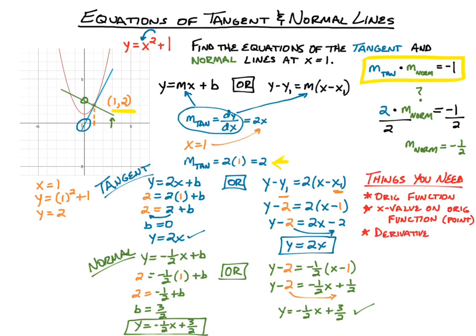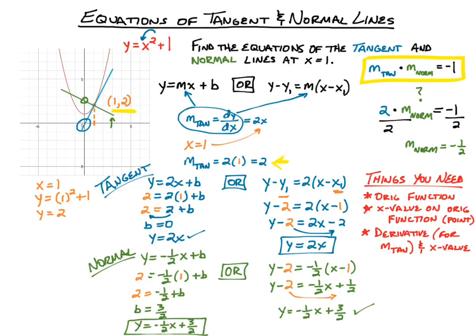Next thing you're going to need is to find the derivative so you can find the slope of the tangent line. Now, this could also be given in terms of a parallel line, where you know what that is, but you need basically the slope of the tangent line.